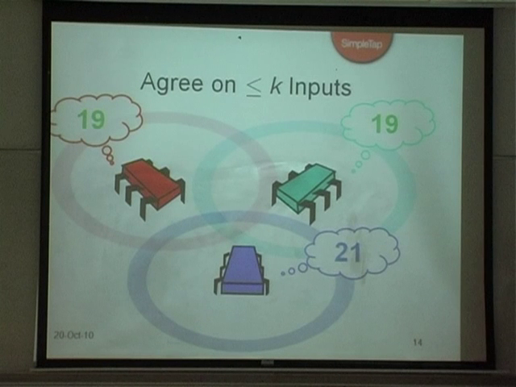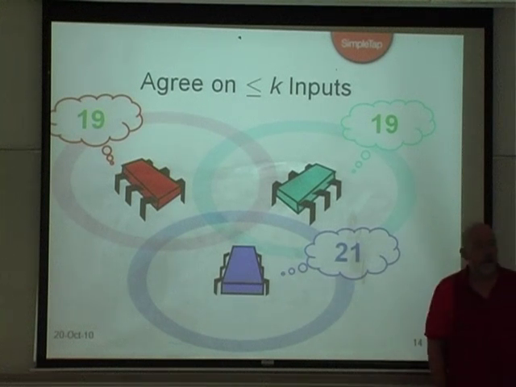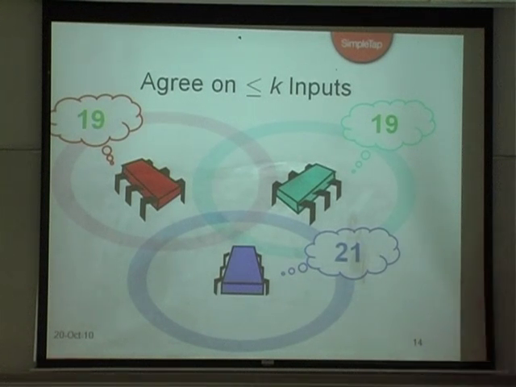So suppose we decide that consensus is too hard. So we're willing to lower our standards a little bit and say that instead of requiring that everybody agree on a single value, we'll require that everyone agrees on fewer than k values for some small value of k.